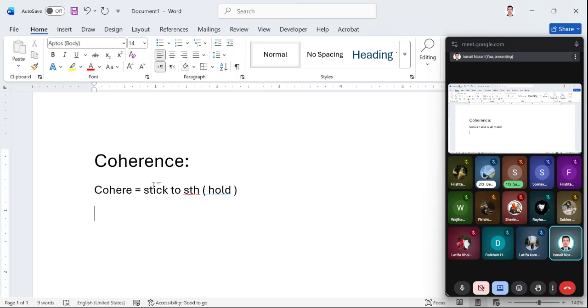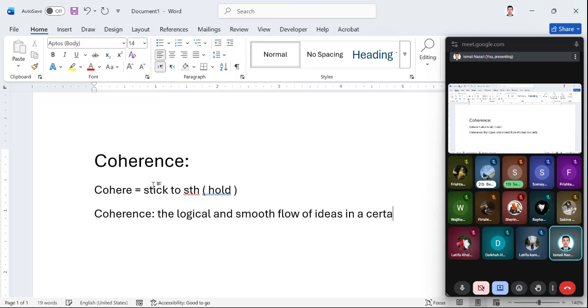So coherence, as I said, we can say is the logical and smooth flow of ideas in a certain text. It means when we try to write about a specific topic, we have to go on step by step.